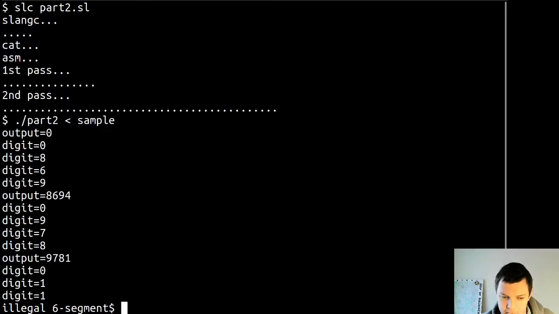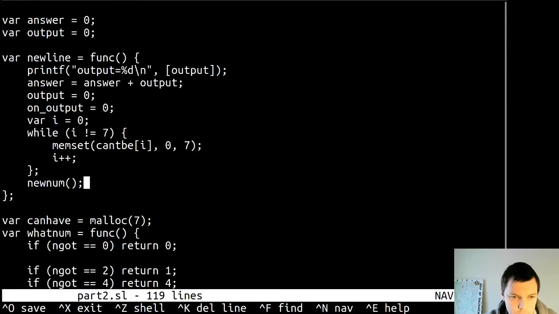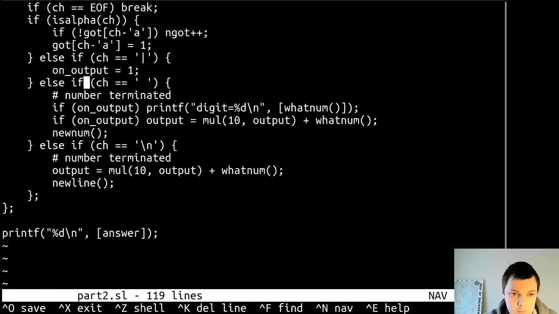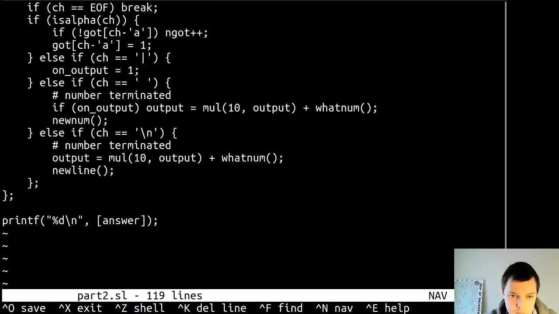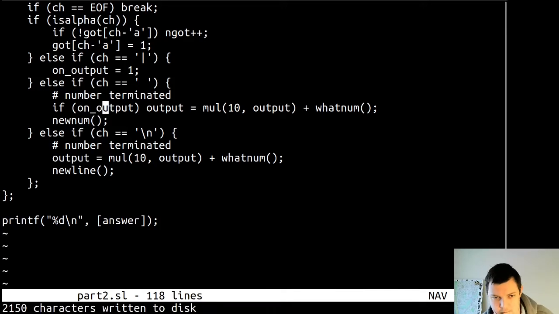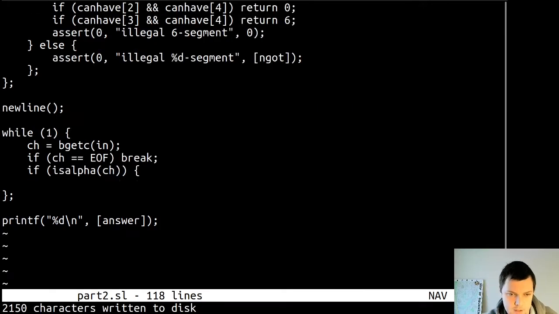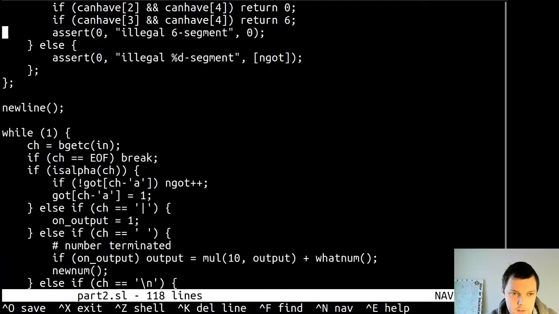And then an illegal 6th segment. Well, it should have been getting a 9. Why does it think there's an illegal 6th segment?